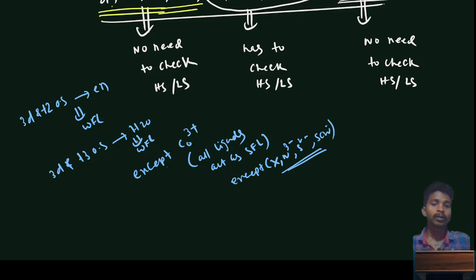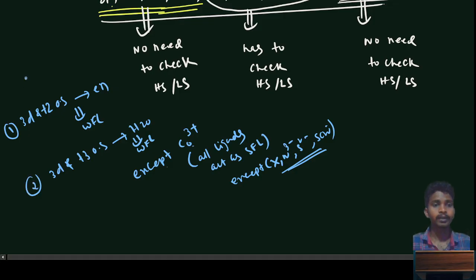Then for the +3 oxidation state, up to water all are weak field ligands except this. So these are the 2 points for checking high spin and low spin.